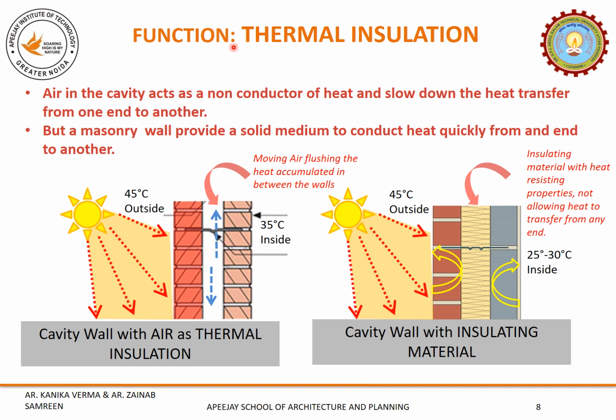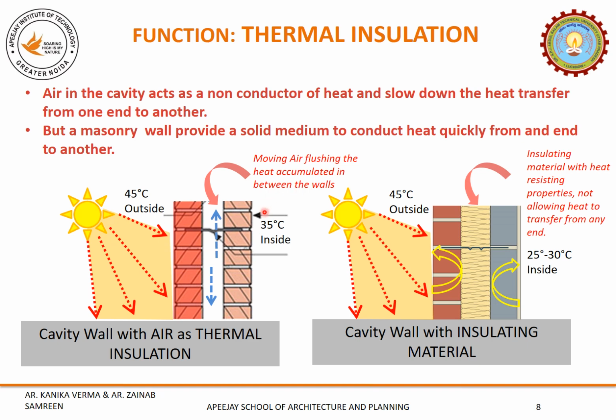Now, one important function of a cavity wall is thermal insulation. Thermal means heat. So when the rays of the sun fall on the exterior wall of the building, it gets heated. And heat has a tendency to transfer its heat energy to the surface in contact. That is why all the surfaces which are in contact become heated.